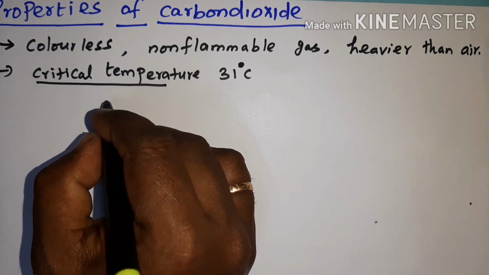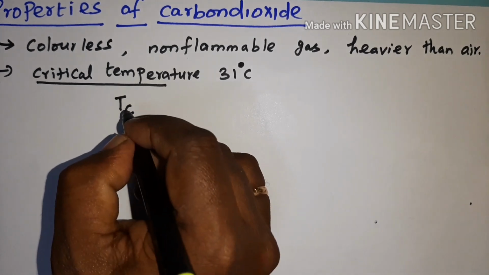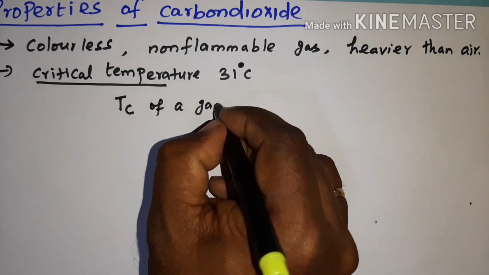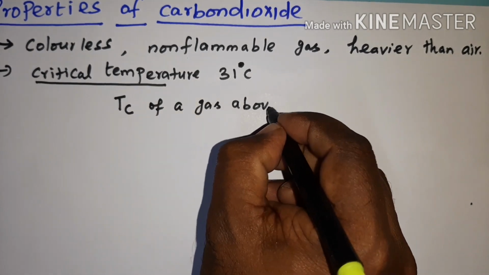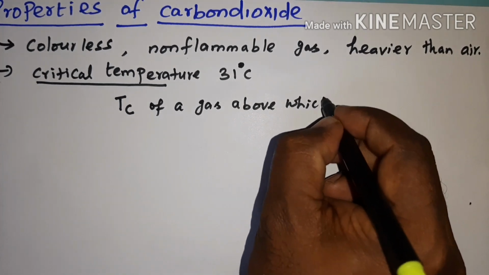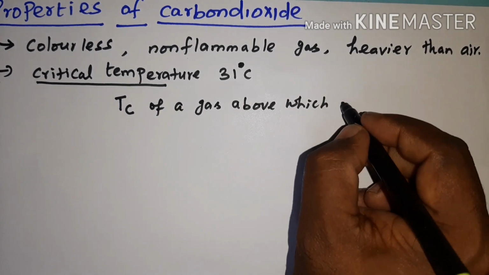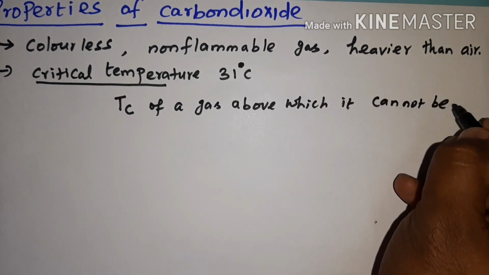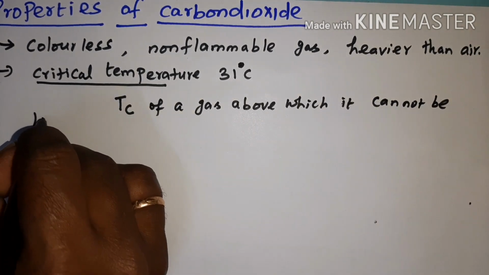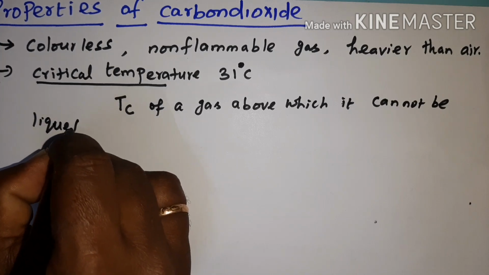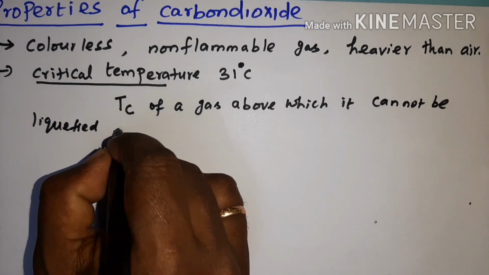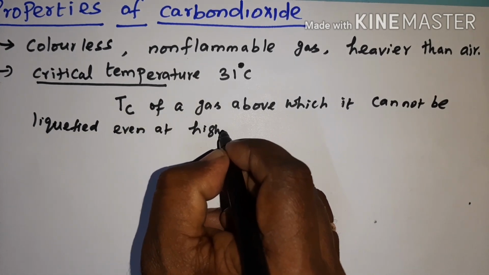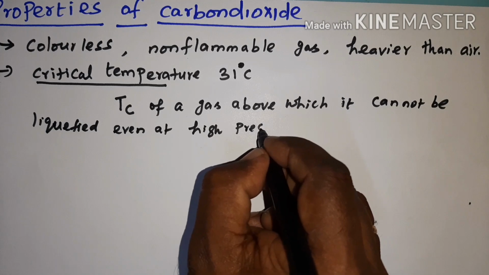The critical temperature of a gas, represented as Tc, is the temperature above which it cannot be liquefied even at high pressure.